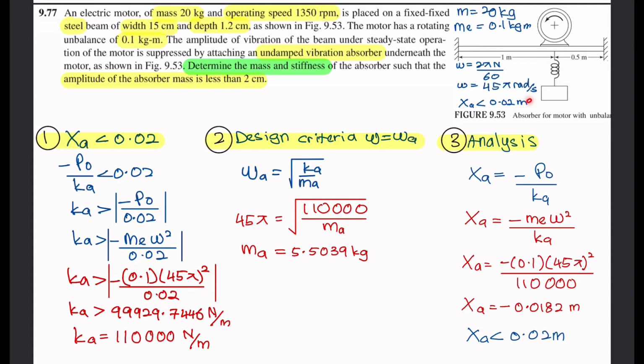Starting from this part, the question states that you have to design to get the mass and stiffness, given the criteria that the amplitude of the absorber is to be less than 0.02 meter.